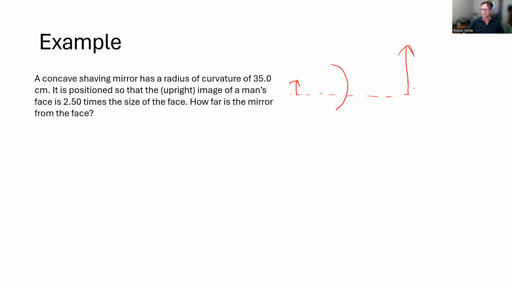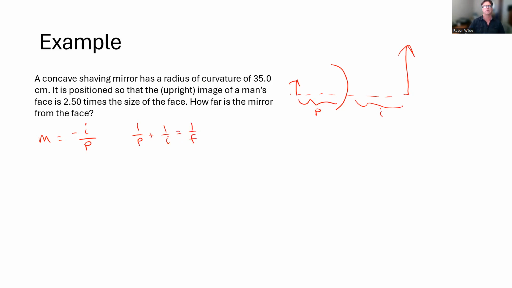I don't know exactly what my P and I are yet, but I can figure both of those out, right? From the fact that the magnification is negative I over P, and from my mirror equation, 1 over P plus 1 over I is equal to 1 over F.